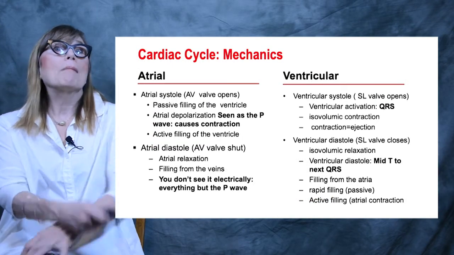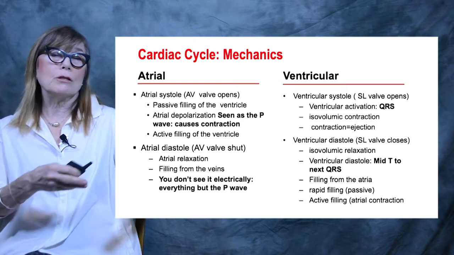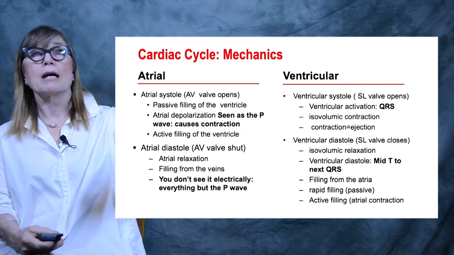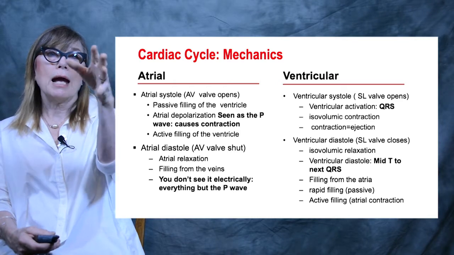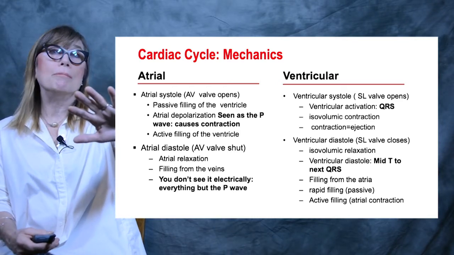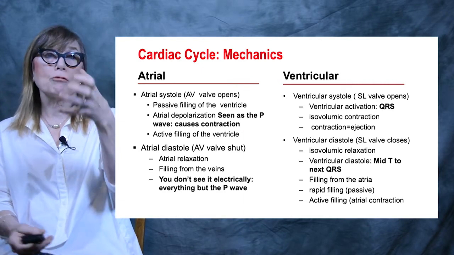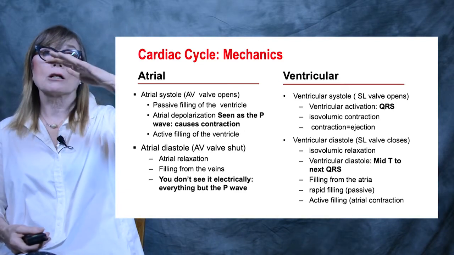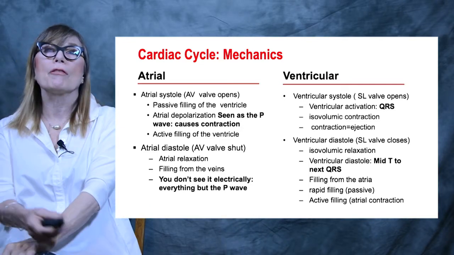Okay, so that brings us really to the mechanics that are correlated to the electrical activity. So we remember the electrical activity of the atria is the P wave, and that actually promotes atrial systole. Electrical activation of the atria, the P wave, promotes atrial contraction. Now the atria contracts when the AV valves are open, and the atria contracts to actively optimize filling of the ventricle.